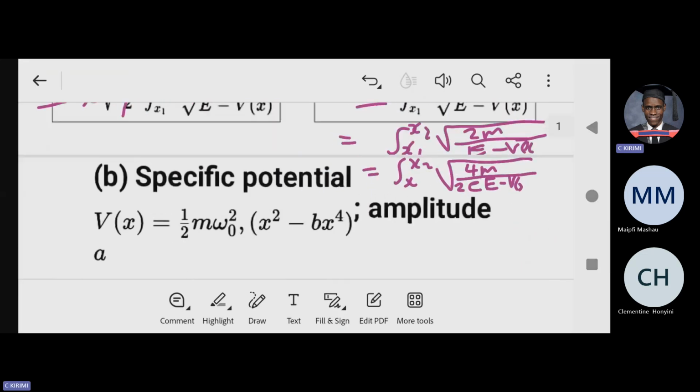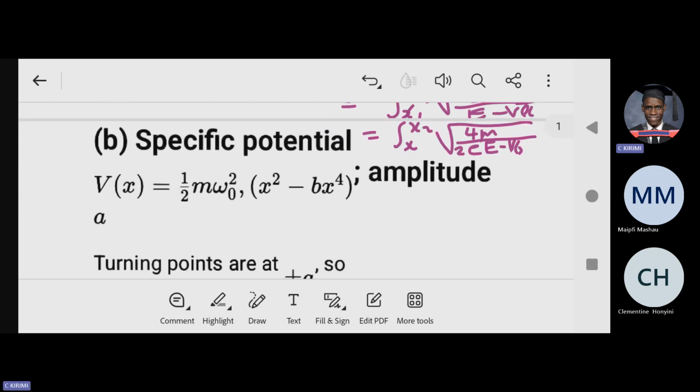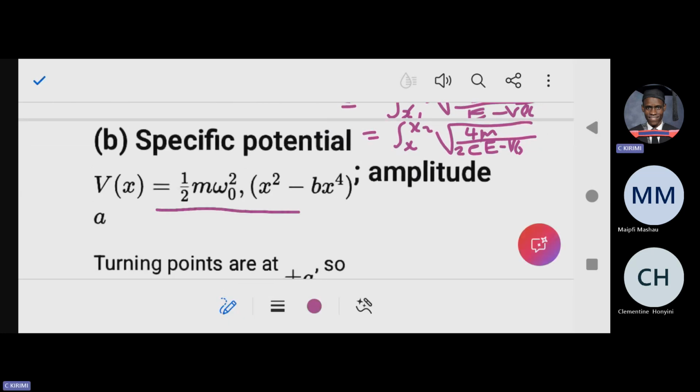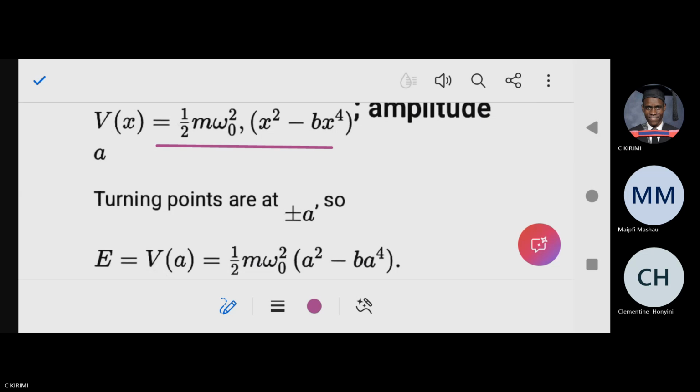So even if you got it wrong, if you fail to prove, you can still answer the second part. So V of x is given by this, where amplitude is A. So the turning points where the amplitude is A, we are referring to positive A and negative A, which is down. So that E is equals to VA.